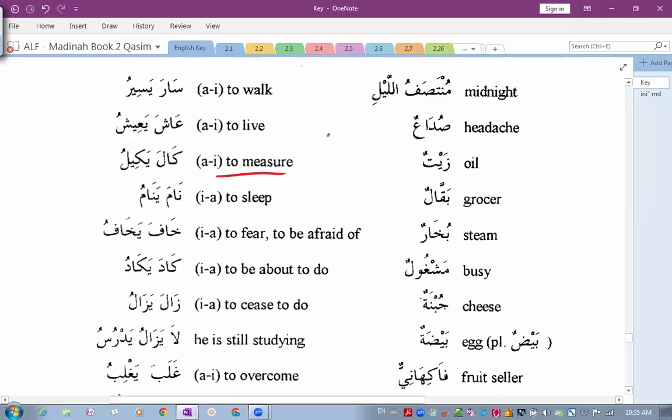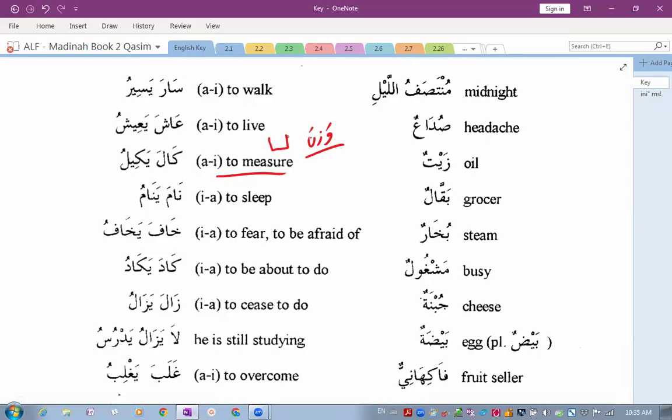To weigh is wazana, wazana yazinu, to weigh something. But kala yakilu means to weigh in terms of a bucket or something. So you say, give me one bucket or one glass of this. You are measuring in terms of volume. Then kala yakilu is used.